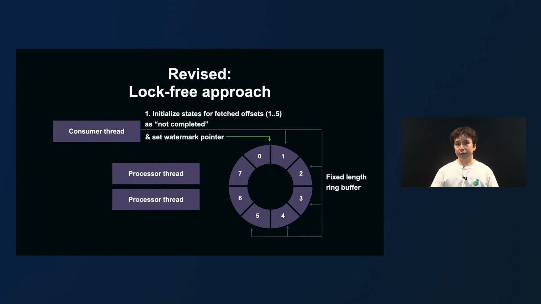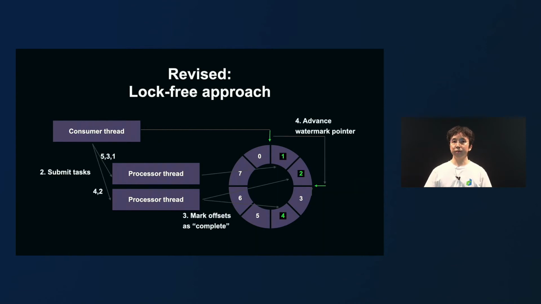This approach represents the processing status of the offset as an element of the ring buffer. First, the consumer thread resolves the retrieved offset to the ring buffer index and initializes the state of the offset. At the same time, it sets the watermark pointer to the initial position.